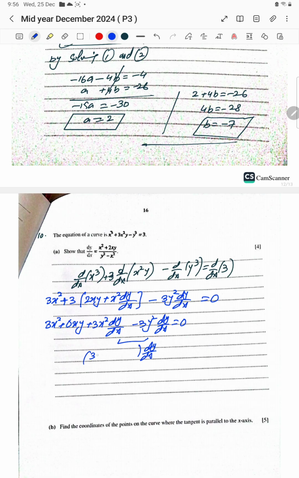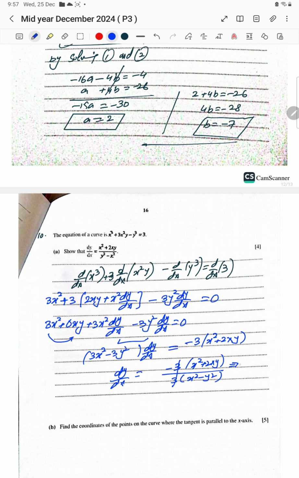3x square minus 3y square, and take these two terms on the other side. Minus 3 common, x square plus 2xy. So dy by dx will be minus 3 times x square plus 2xy over, if you take 3 common while dividing, x square minus y square cancelled.